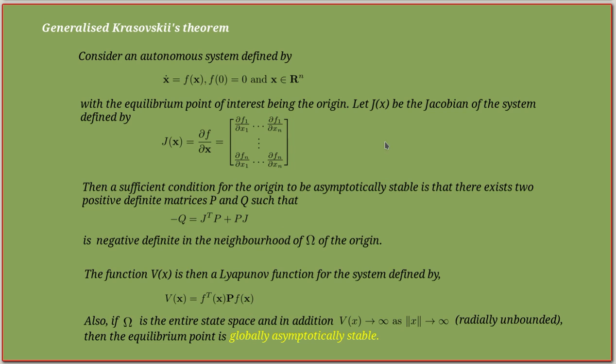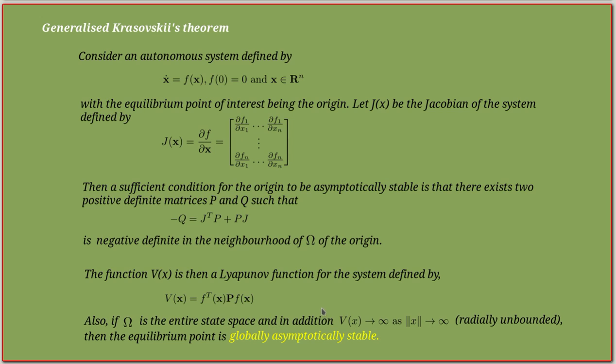We define two positive definite matrices P and Q, and we get this relation: minus Q is equal to J transpose P plus P into J. In a similar pattern, instead of J hat we get it in this form. And here also you can state that it is globally asymptotically stable for this condition, if it is valid for the whole state space.